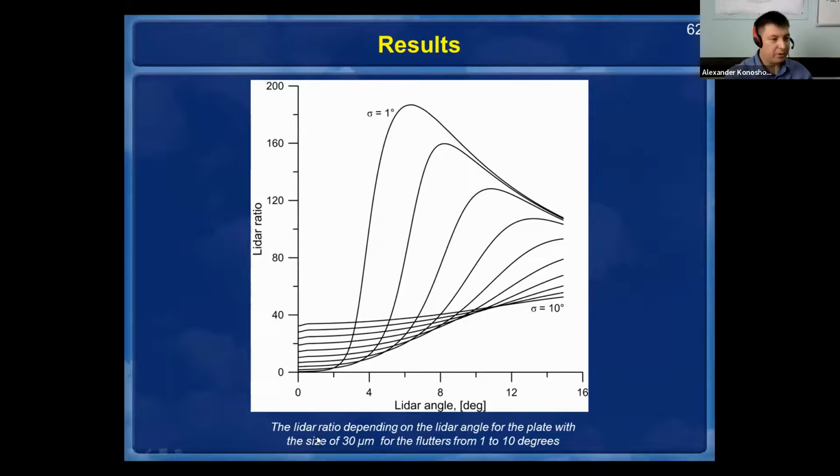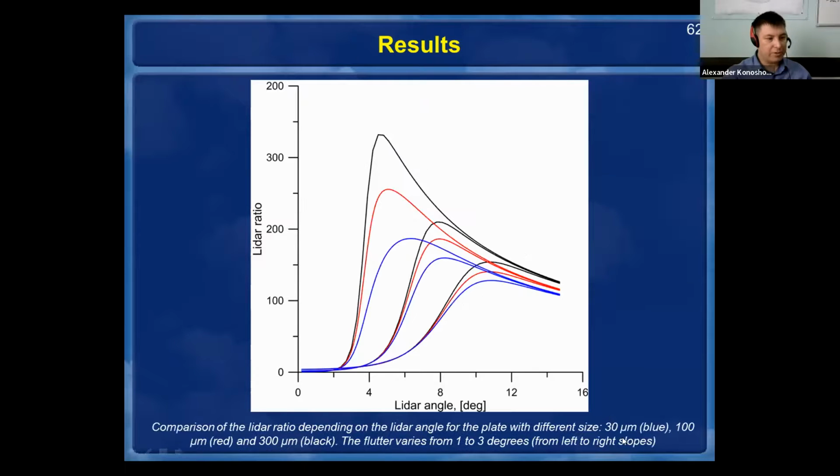But what happens when you use different sizes, 30 microns, 100 microns, 300 microns, so three different sizes? You see that the lidar ratio changed in intensity, but the place where it goes from 0 to some value is the same.